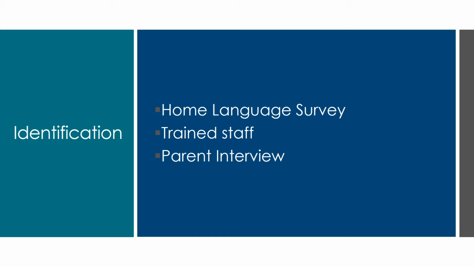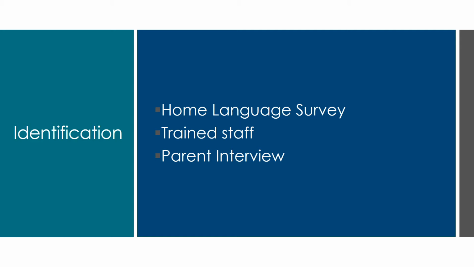They have to fill out this form, which could come in multiple languages or with an interpreter, in which parents provide information about the first language that the child learned, whether another language is spoken at home, and whether the child actually communicates in that language. Okay, so if the answer to the questions is yes, that triggers the next steps.